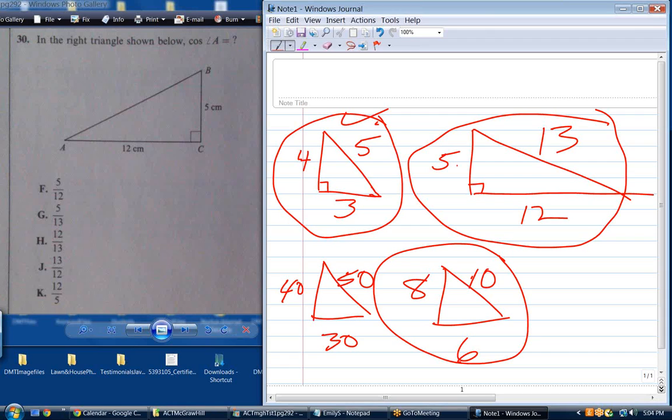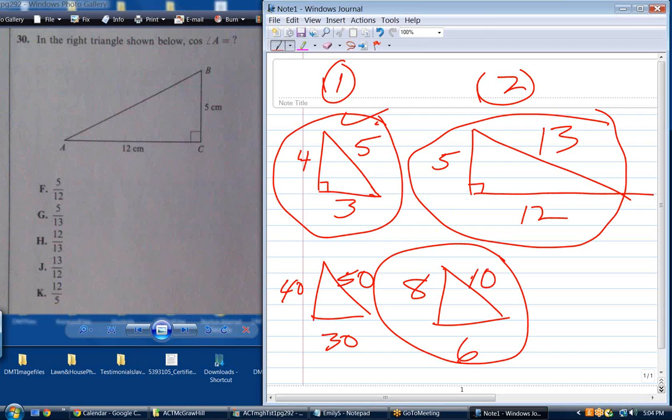Usually when you're dealing with a 5, 12, 13, and this incidentally is the lowest, and that's the second lowest. In other words, there are no other triangles with integers that meet these requirements. So that's what's special about these two triangles, they're the lowest perfect Pythagorean triangles.